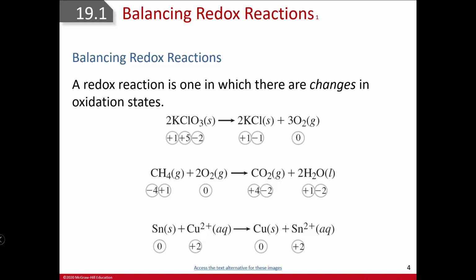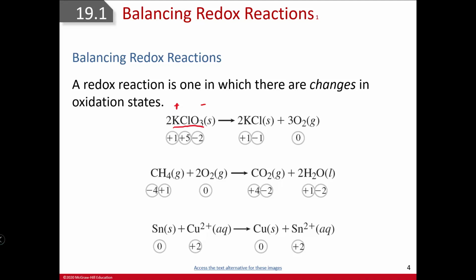So you have to be able to look at the substance. When you're looking at this, everyone knows this is an ionic compound, that the potassium is a +1 ion, and the polyatomic ion, ClO3 negative, is chlorate, and so we want to be able to assign oxidation numbers for every element in this compound.